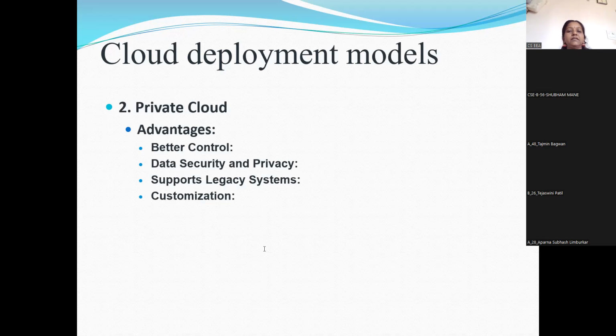Then data security and privacy. It is suitable for storing data or corporate information to which only authorized people or authorized staff have access. By segmenting resources within the same infrastructure, improved access and security can be achieved.